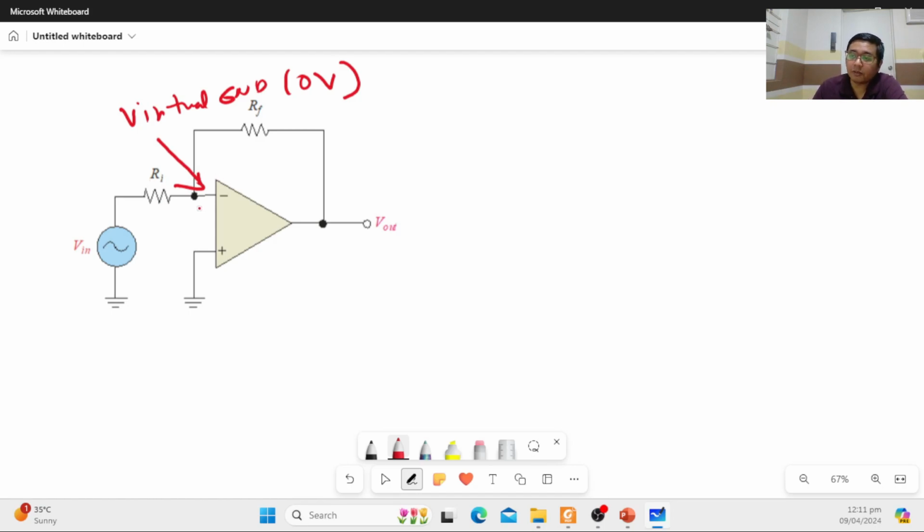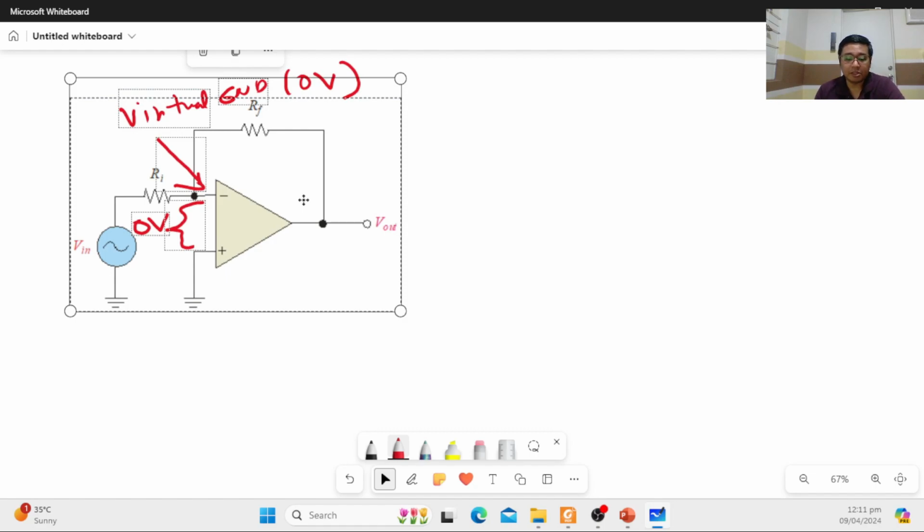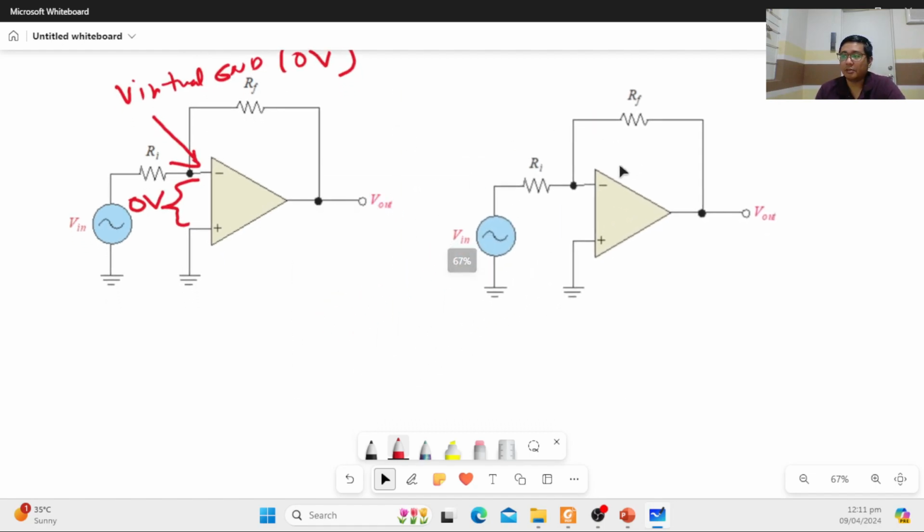And the difference between the inverting and non-inverting inputs is 0 volt. So parang nakakonect yung ating inverting input dun sa ating non-inverting input. That's why it is called a virtual ground. So we also write the different currents that pass through our feedback resistor and the input resistor and the corresponding voltage. So let me just copy and paste this one.